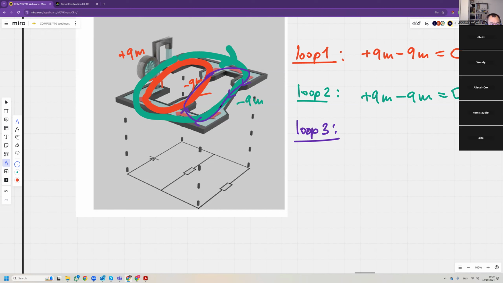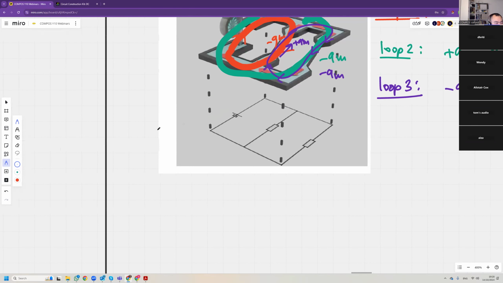You go down, you lose minus 9 meters. But now you're going against the flow. The flow is backwards, but you're going up the hill, so it's plus 9 meters. You're going against the flow of the water. So plus 9 meters, and that's 0.